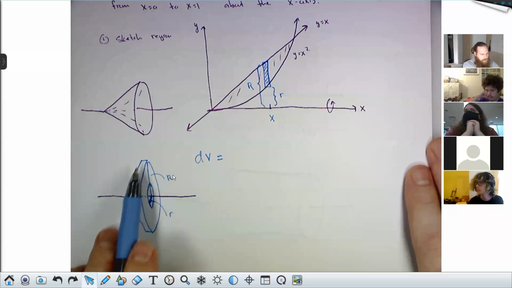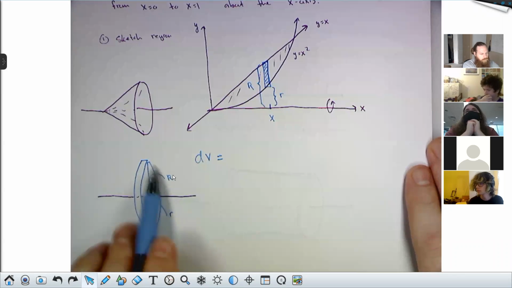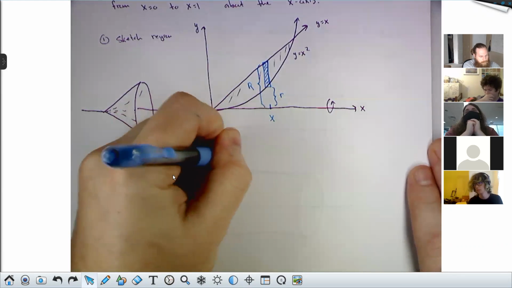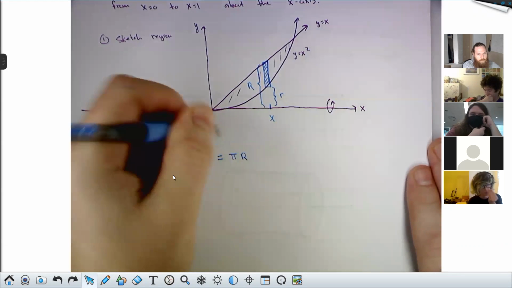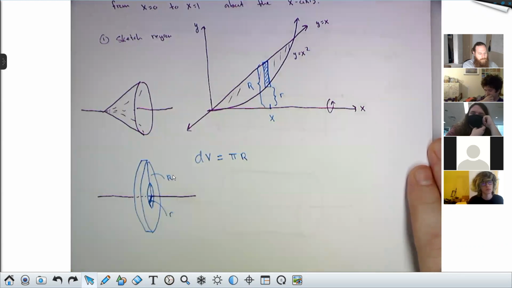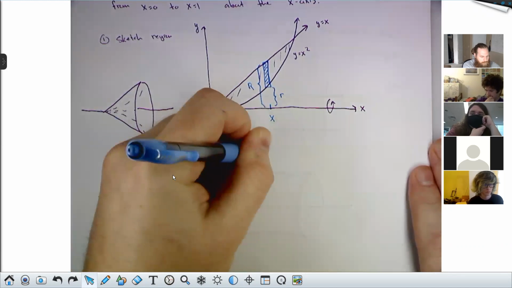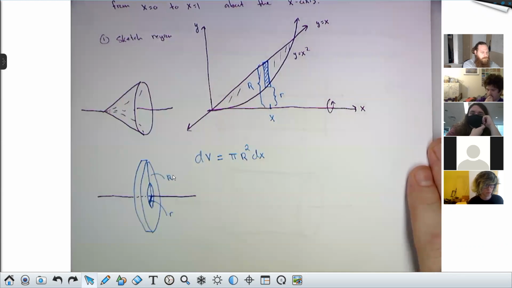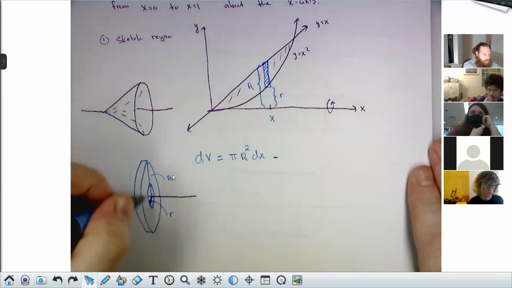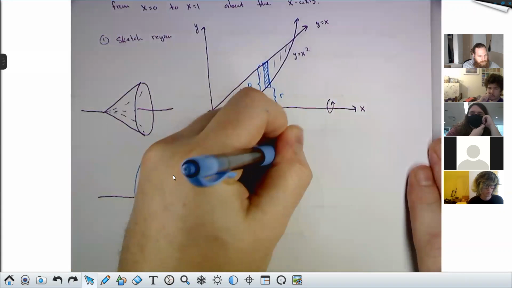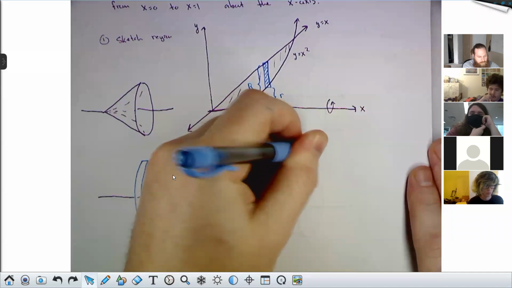And if you think about it, the volume of a big washer shape like this would be the volume of the total washer without the piece missing, minus, so that would be pi capital R squared dx, minus the volume of the little piece that's been punched out, which is pi times little r squared dx.